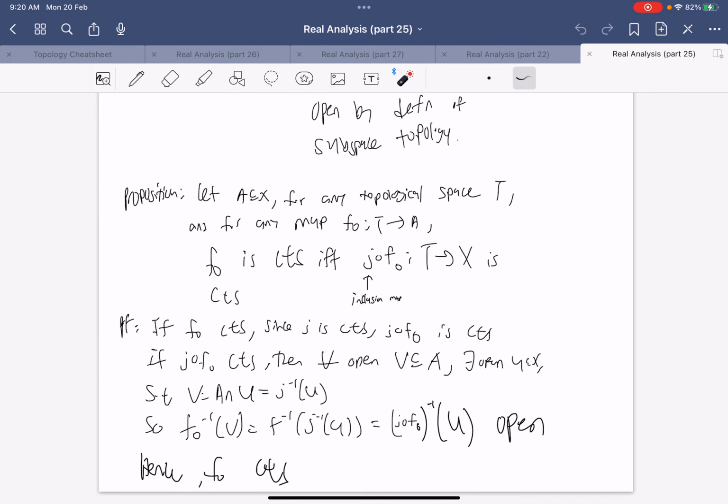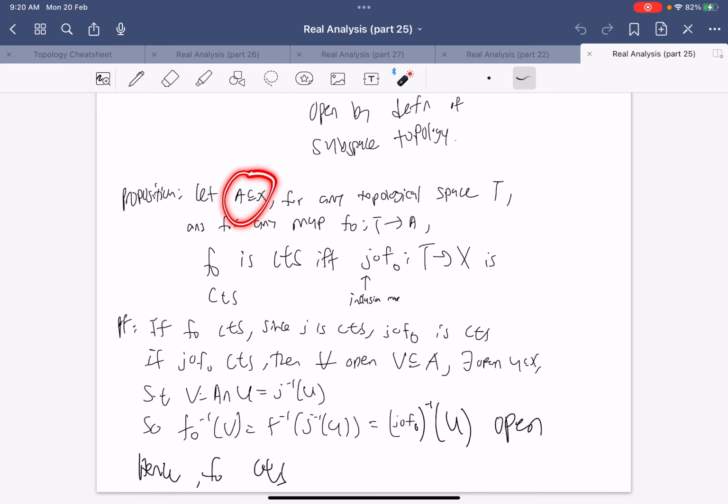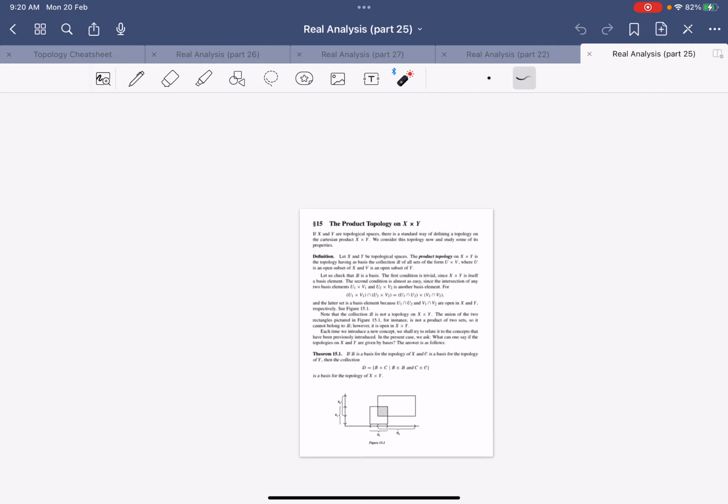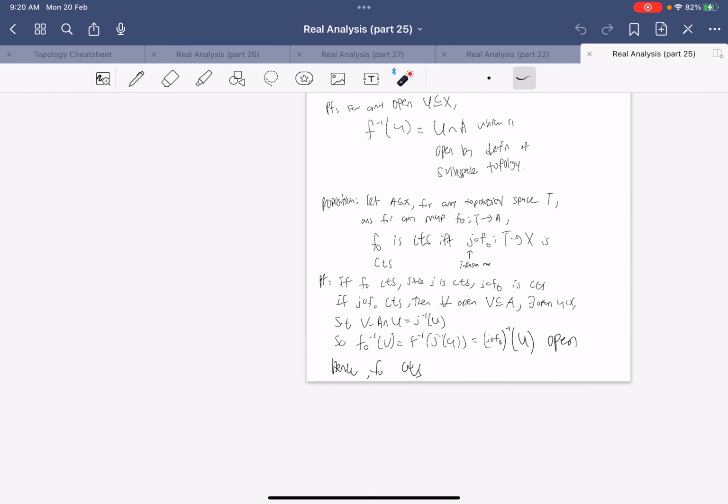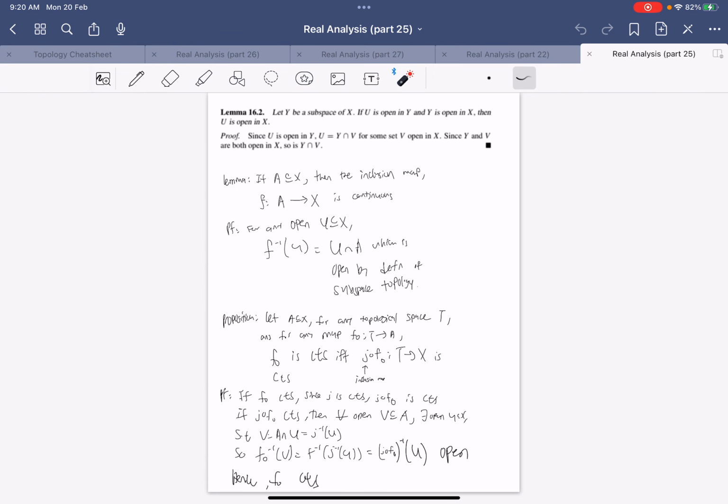And we have a proposition that if you take a subspace A, then for any map f0 from any topological space T to A, f0 will be continuous if and only if the inclusion map j composed with f0, that means T to X, is continuous. And so if f0 is continuous, then since the inclusion map is continuous, of course the composite will be continuous. And conversely, suppose the composite is continuous.